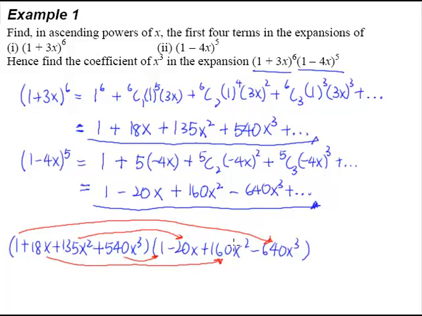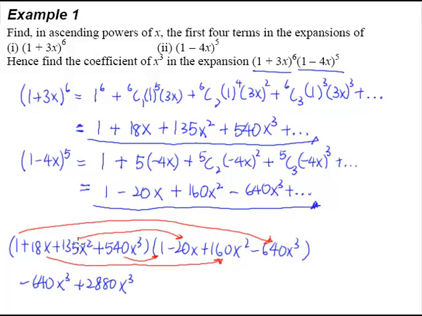So let us just work it out now. So 1 multiplied by negative 640 will give us a negative 640 x cubed. And of course we have 18 multiplied by 160, which will give us a positive 2880 x cubed.